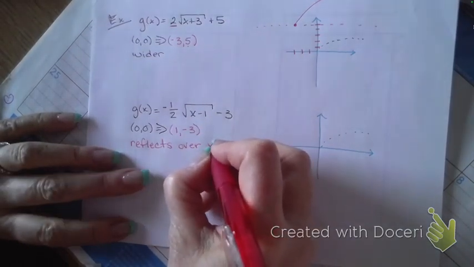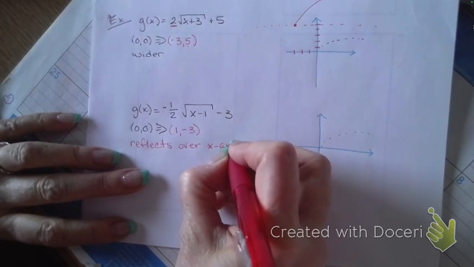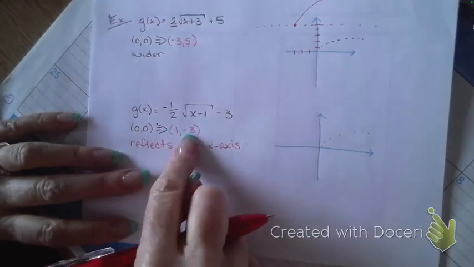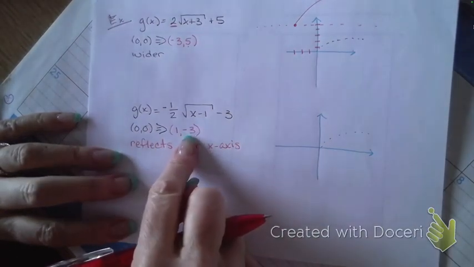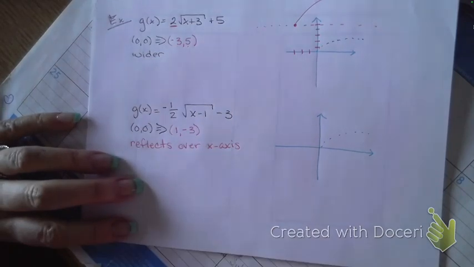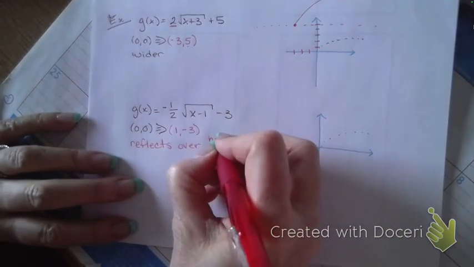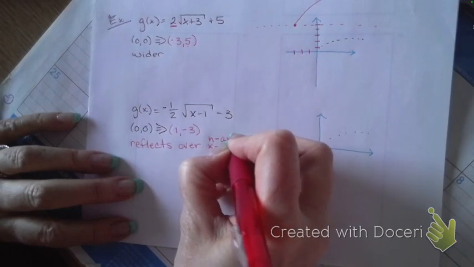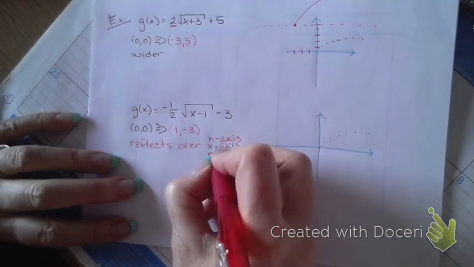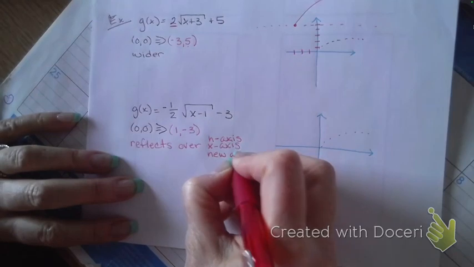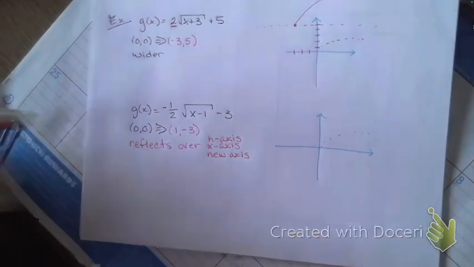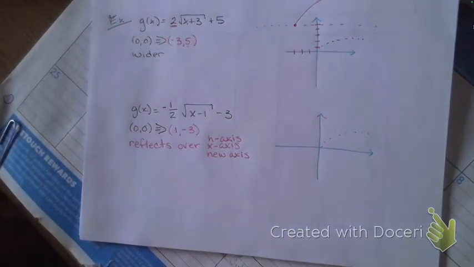You can write x-axis, but we are going to move that x-axis where? To -3? Yep. Or you could put h-axis, or you could write new axis, because it wouldn't be the old one. It wouldn't be the x-axis because we're moving it. Or you could reflect it over the x-axis and then move it. Either way you want to look at it.